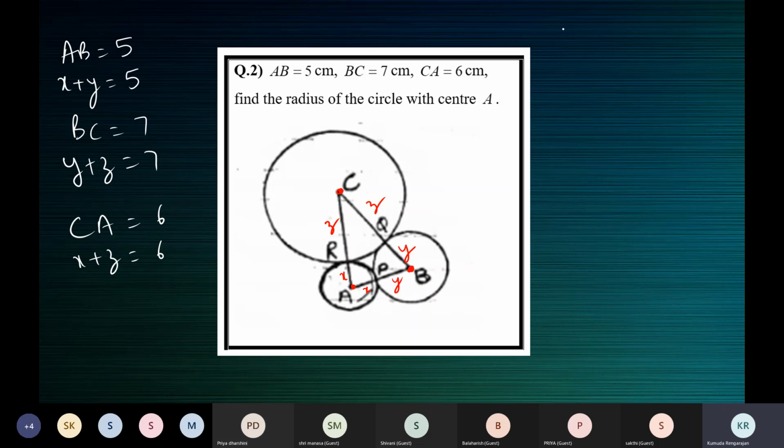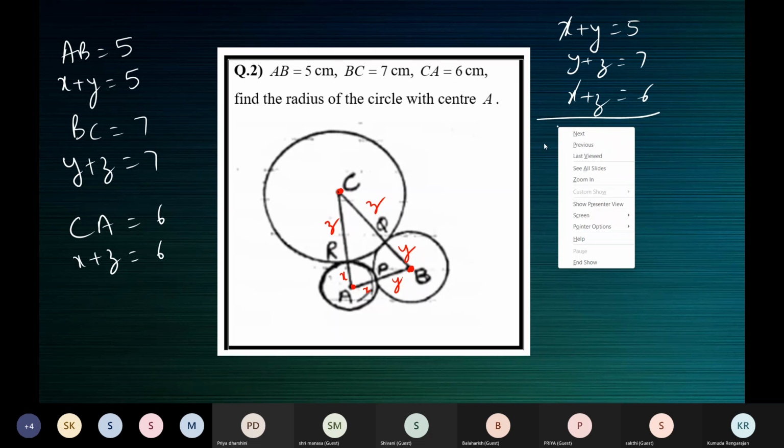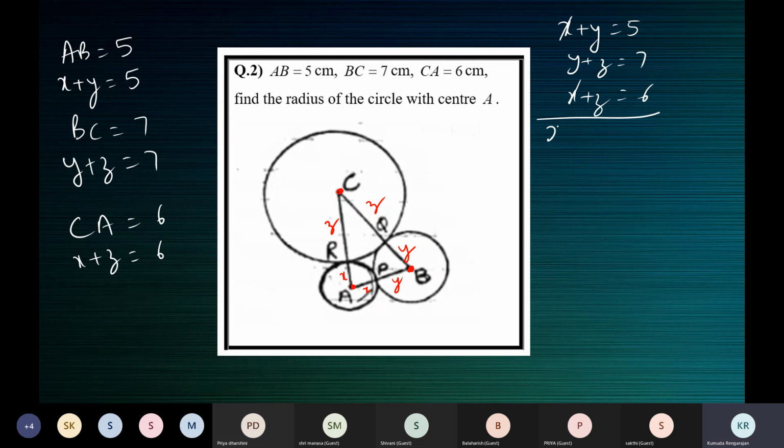Now add all the 3 equations, children. What do you get on adding the 3 equations? Let me write it one below the other. X plus Y is equal to 5. Y plus Z is equal to 7. X plus Z is equal to 6. What do you get on adding? X and X is 2x.